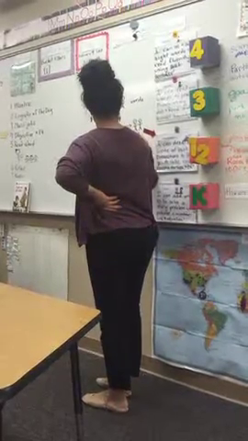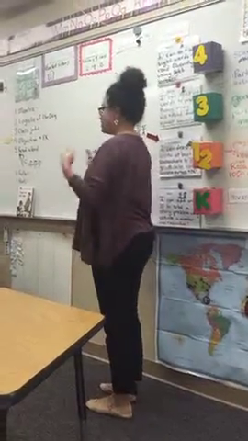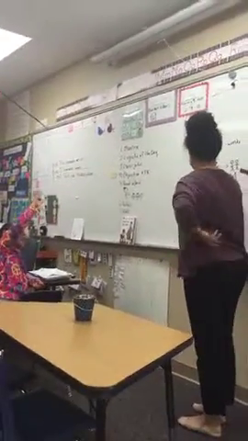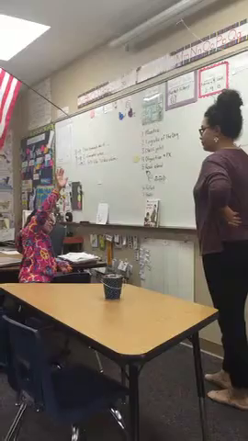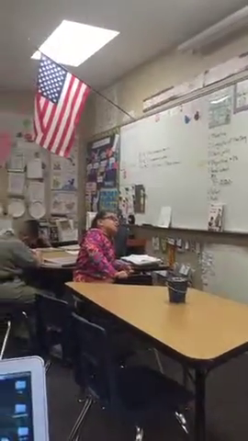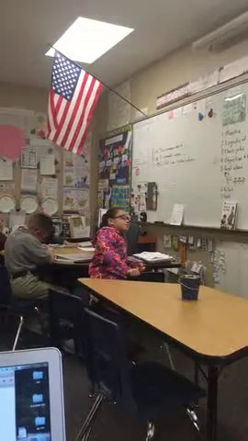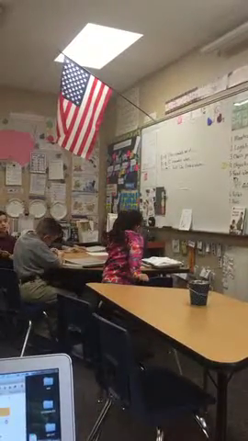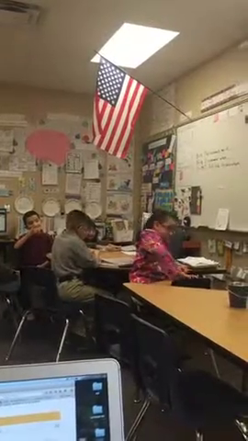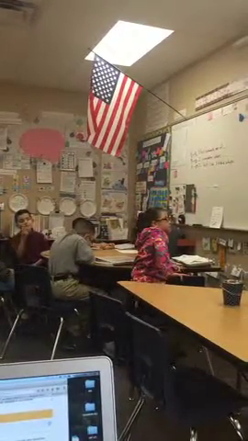So I'm going to draw the book because we know that we can have text to self connections. Good. What else can we have? Text to friends, to persons. We can use our text features to help us. Okay. So we have text to self, so that means it relates to our lives.